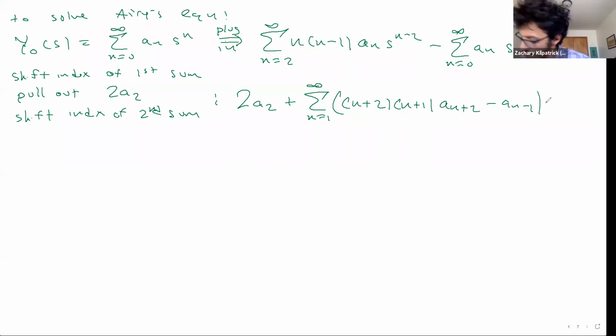So like with these power series methods, the idea is to get some recursion relation for your coefficients.